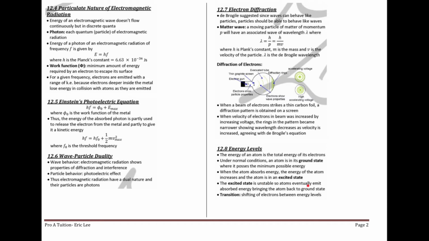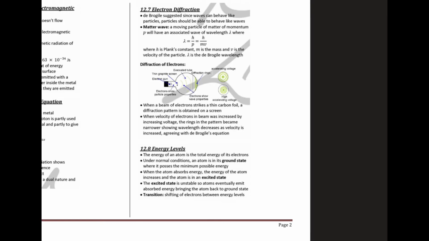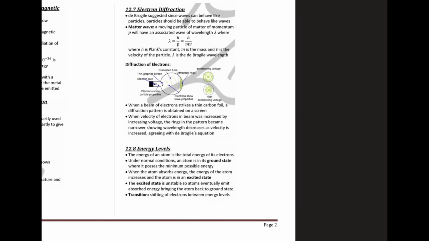So eventually the electrons will come back down to the original shell that it's supposed to stay in. So that's why you can see here, atoms eventually release energy, bringing the atoms back to ground state. Go back to ground state.